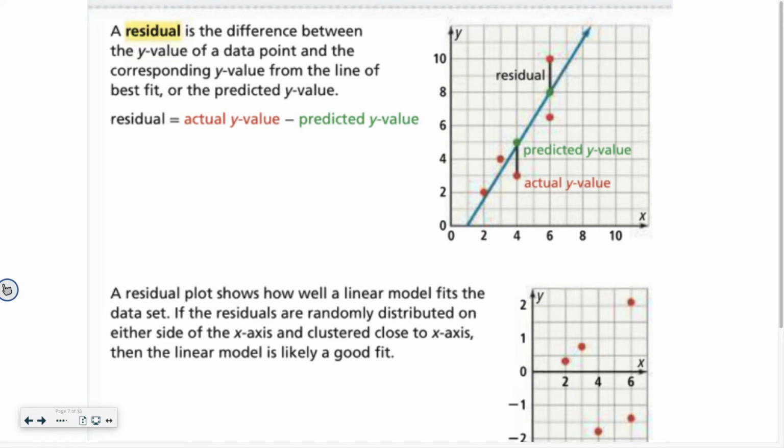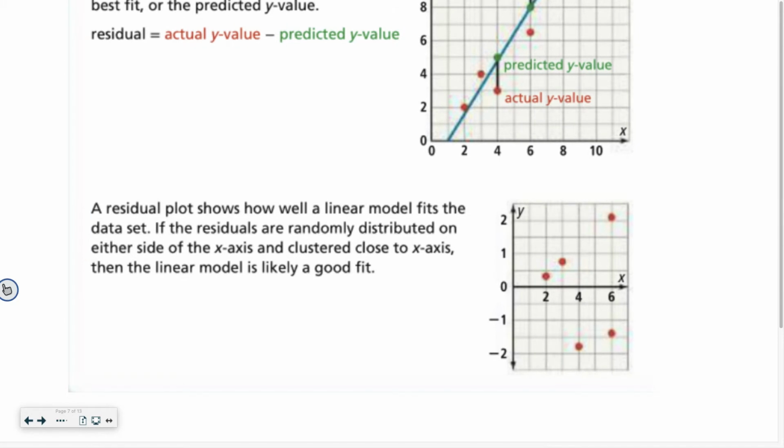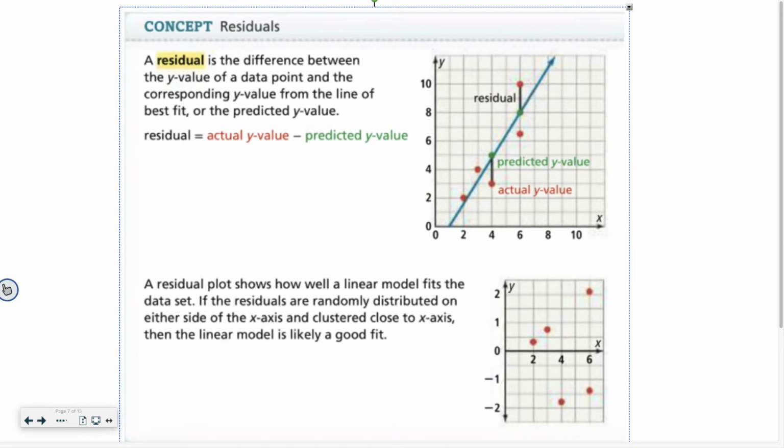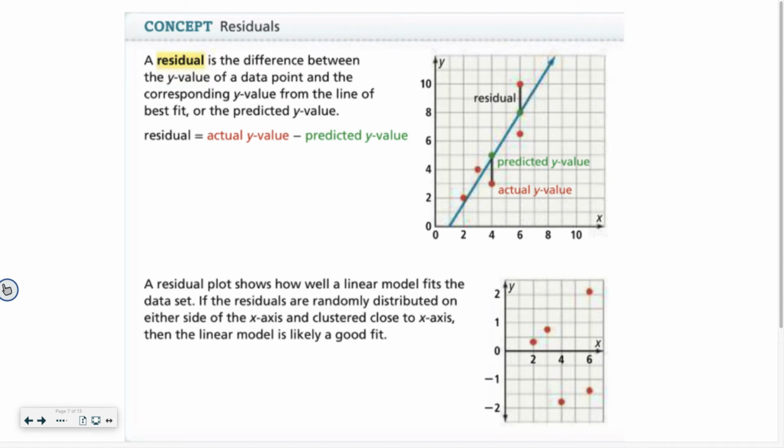Now, let's talk about another vocab word. This vocab word is residual. A residual is when you take those actual points on your graph, all of those red dots, and then you figure out how far away those points are from the line.